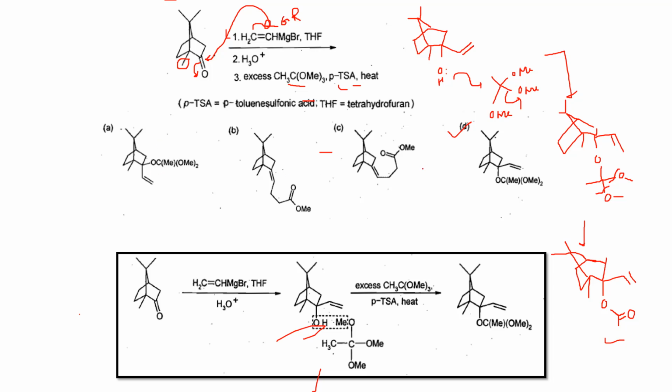Because of that, this is our major product. If this methyl group is not there, then the endo attack would be more preferable, because there are two methyl groups here and there is a repulsion, but this repulsion is less than that of this one, so the exo attack is more preferable over the endo one.